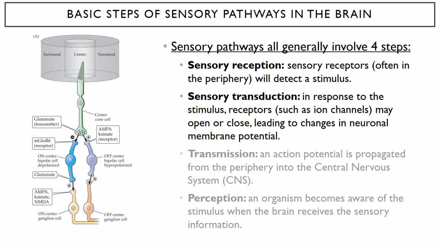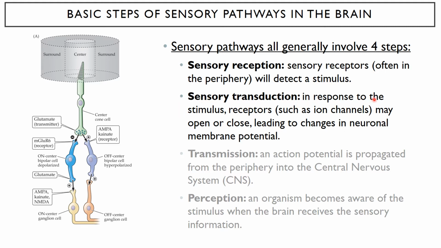In the visual system, this is the photoreceptor cells, the cones and the rods. Light enters the eye and interacts with the photoreceptor cells. So that's the sensory reception part.